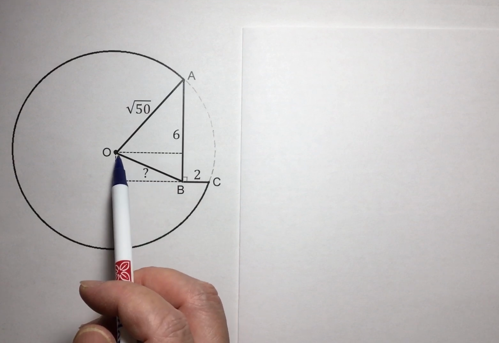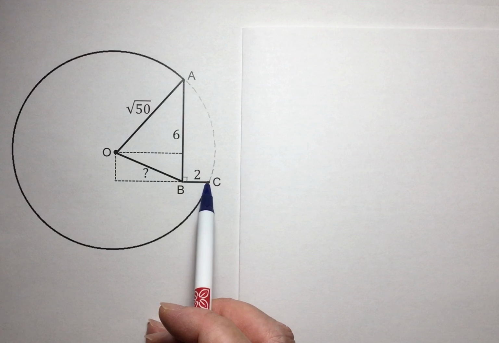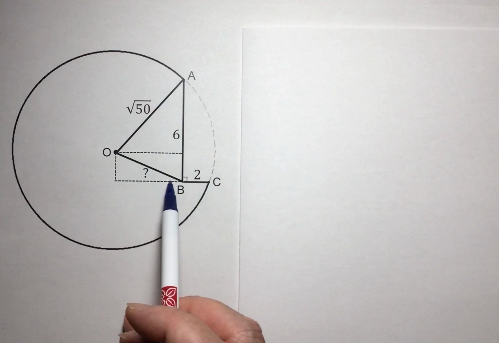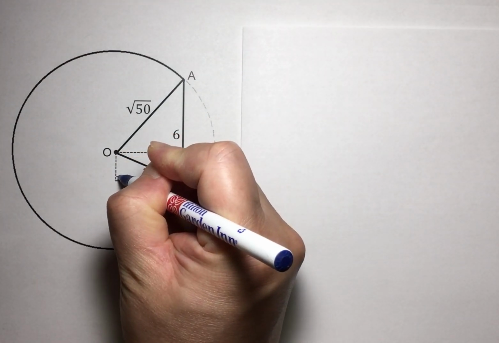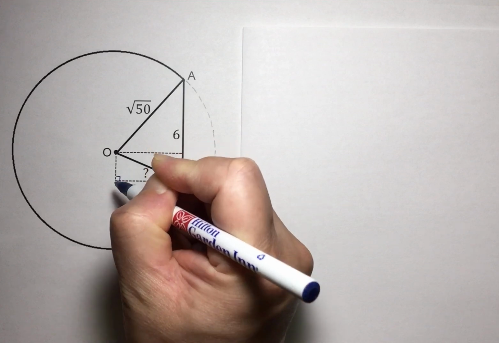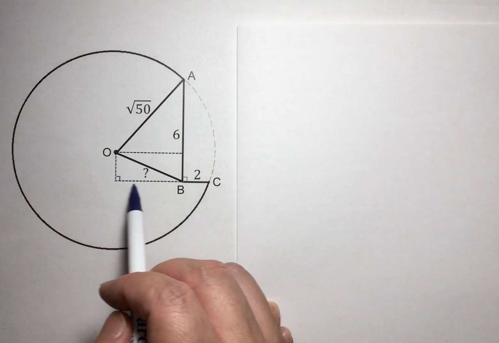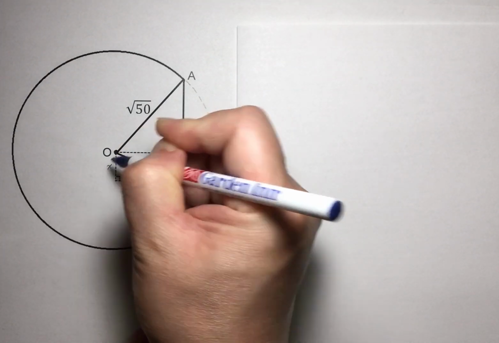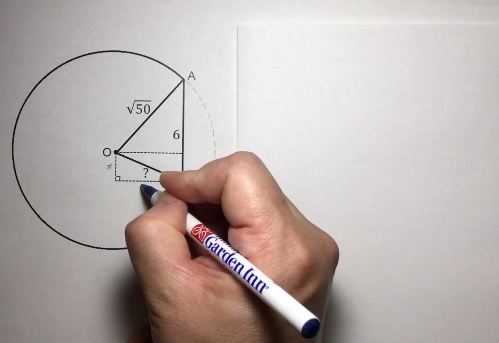So let's draw a line, extension line from C to B, and then draw another line perpendicular to this line. So then we know the angle is 90 degrees. So we have a right triangle here. So we assume from here to here is x, and then from here to B is y.